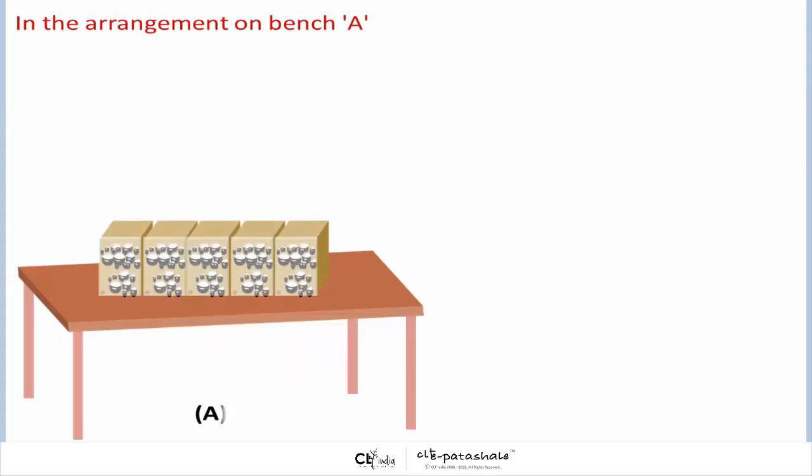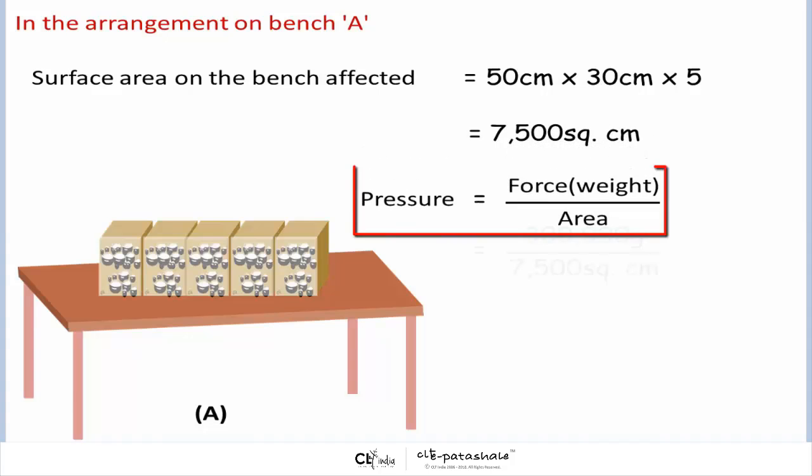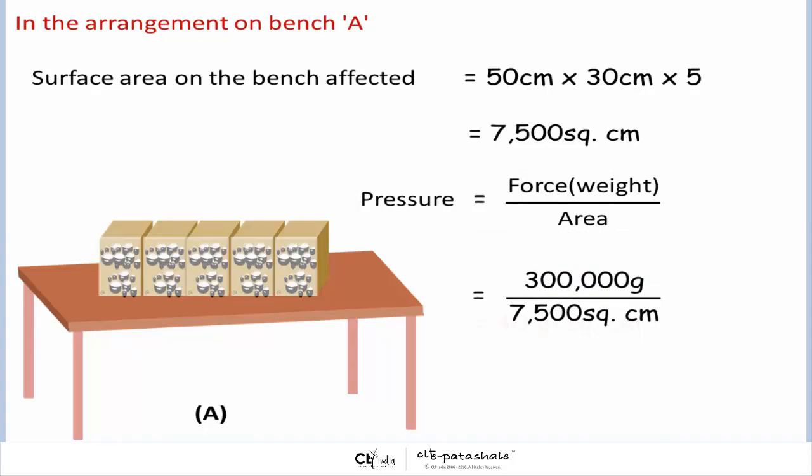So in the arrangement of bench A, surface area of the bench affected is equal to 50 centimeter into 30 centimeter into 5, which is equal to 7500 square centimeter, and pressure, we know, is equal to force by area. So here 300,000 gram divided by 7500 square centimeter gives 40 gram per square centimeter. So in the first case, the pressure on the bench is 40 gram per square centimeter.